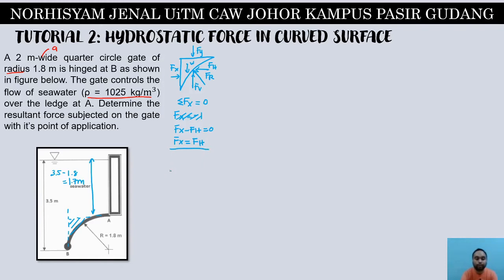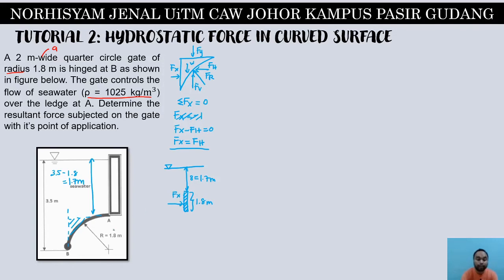Now to find out what Fx is, we need to draw the vertical representation in terms of a flat plate. S over here is 1.7 meter, and the radius is 1.8 meter. So here is where you have your Fx.